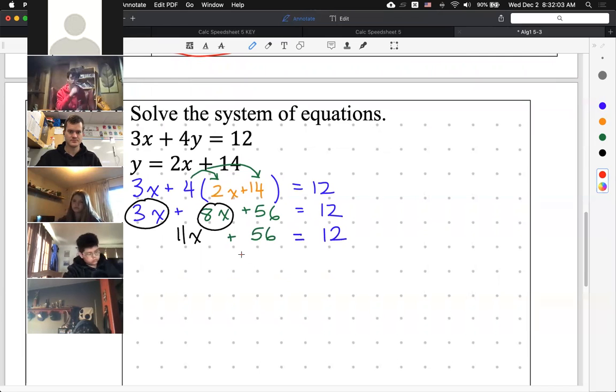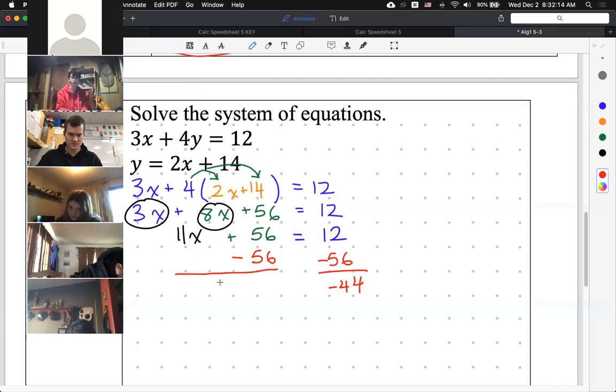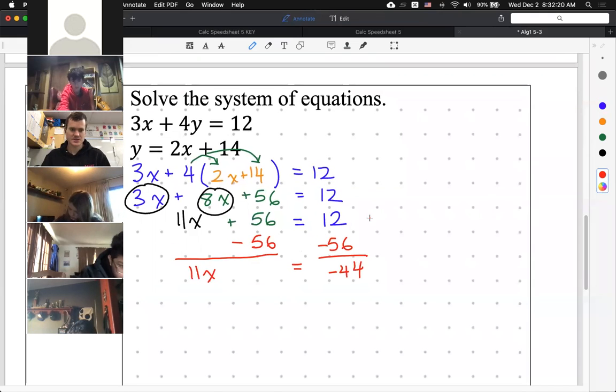Subtract 56 to 12, and it would be negative 44. Negative 44. What's the left-hand side of the equation now? Is equal to 11x. There it is. 11x's are left over. Nice, nice. All right.